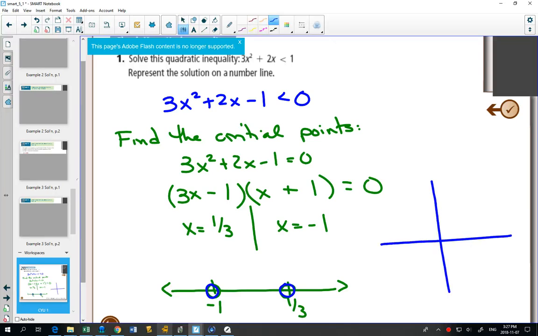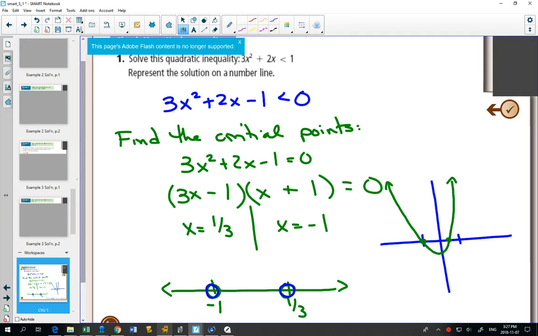If we're using the graph, all you need to do is label your x-intercepts, which you already figured out. One of them is at -1, and one of them is at 1/3, right there and there. If you were graphing this parabola, would it open up or would it open down? It would open up. So this is as accurate as your graph needs to be.